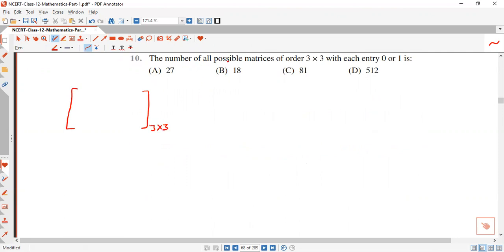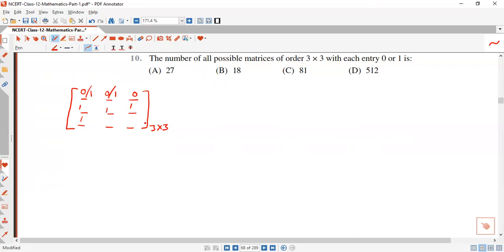How many matrices can be made? A 3 by 3 matrix means we have 9 elements. The number of elements is 9. Each can be filled by either 0 or 1.